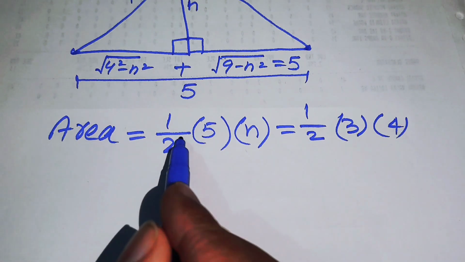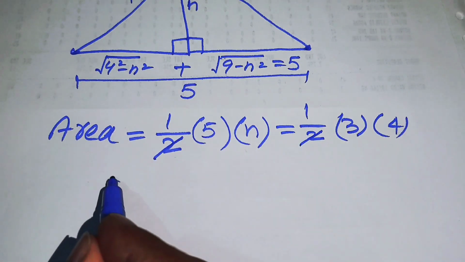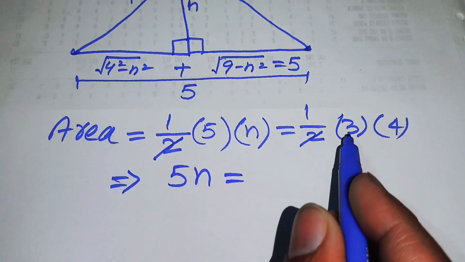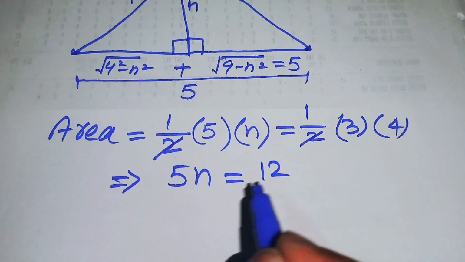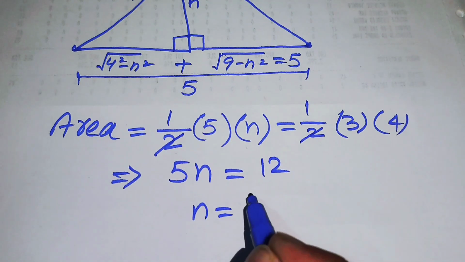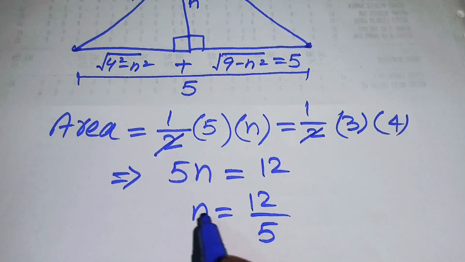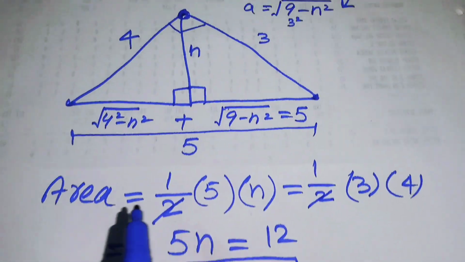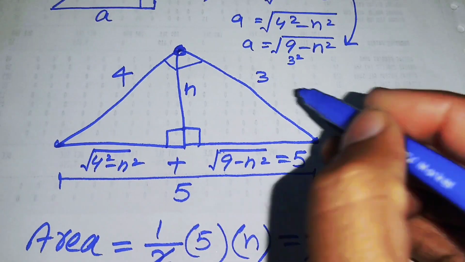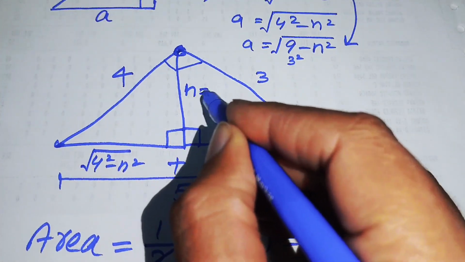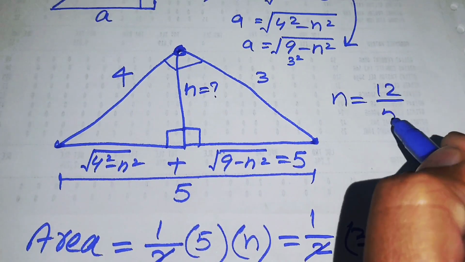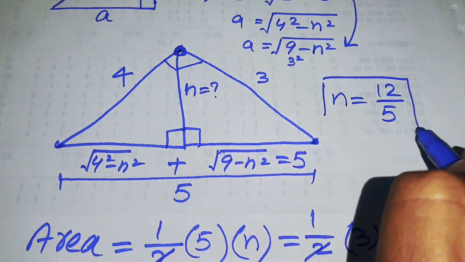So now we simplify both of the sides, and first you see here this 2 and 2 are cancelled by each other, and we get 5 times n equals 3 times 4 is 12, and we easily get the value of n equals 12 over 5. So this is the value of n according to this geometric method.